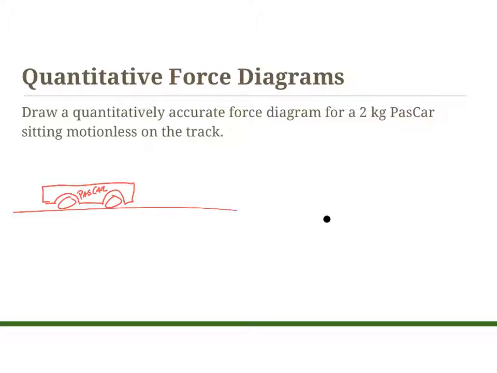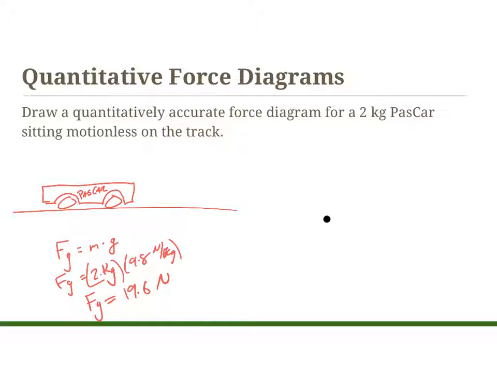So in this case, because we previously calculated, remember we said force of gravity is equal to mass times gravitational constant. We said the force of gravity is equal to 2 kilograms times 9.8 newtons per kilogram. And so we said that the force of gravity of this particular car was 19.6 newtons. Remember that from the slide before?